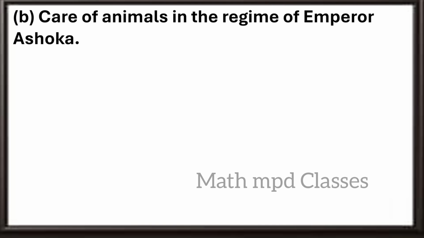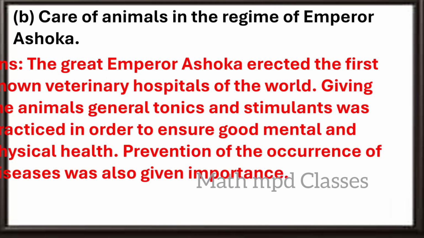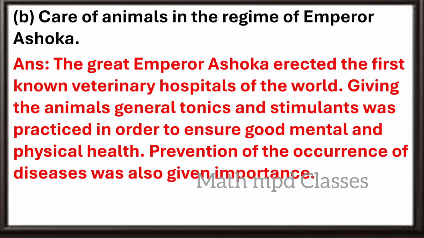Care of animals in the regime of Emperor Ashoka. The great Emperor Ashoka erected the first known veterinary hospitals of the world. Giving the animals general tonics and stimulants was practiced in order to ensure good mental and physical health.